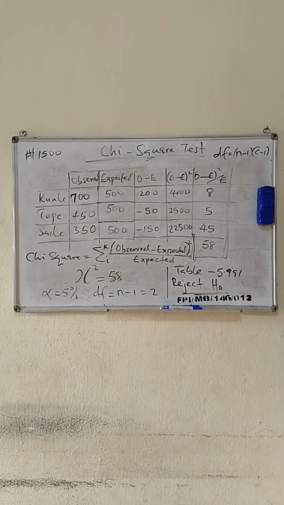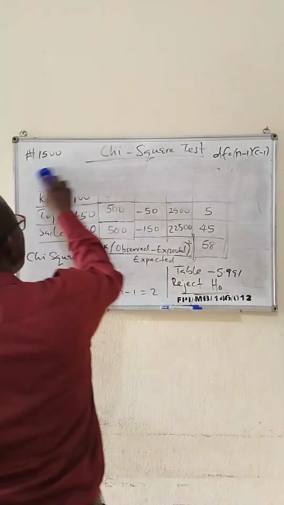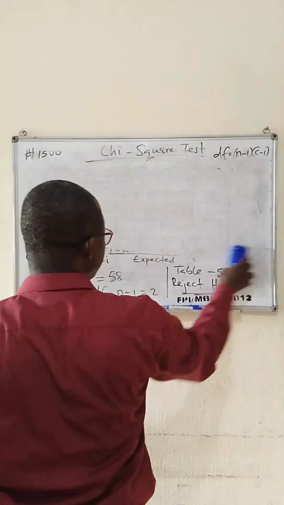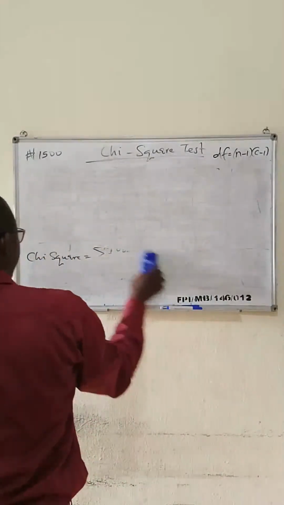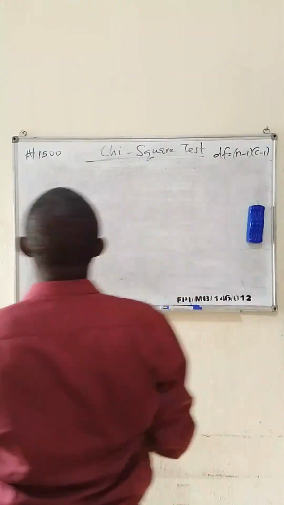Now we want to look at another example whereby we have rows and columns on the given problem, and we are going to solve that problem using chi-square again. So I'm going to give you another table of another problem which requires a new approach. But let me leave this formula because we still need it.